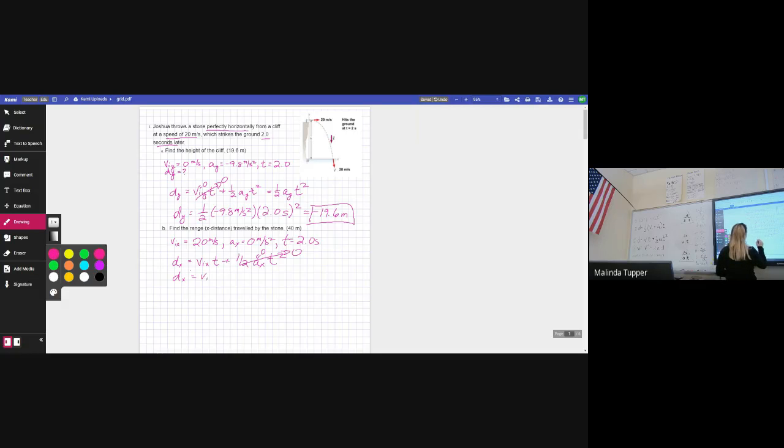So that leaves me with the distance is just the velocity times the time. So this is 20 meters per second times 2 seconds, which is 40 meters. Okay.